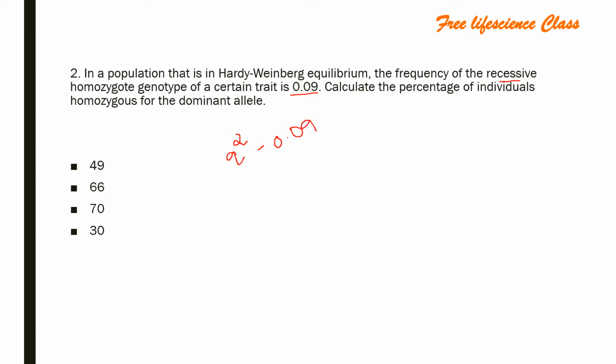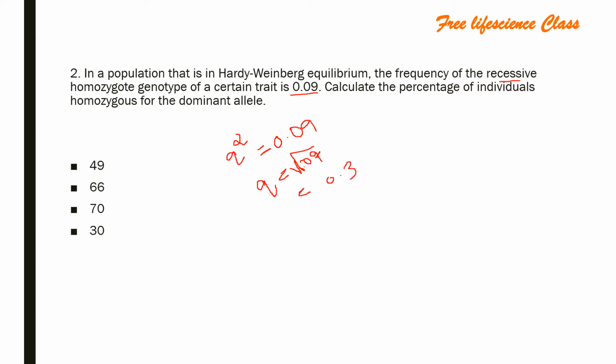We have to calculate p square. So q square is given, then we have to find q. So this is root of 0.09, and we will get 0.3 as the answer.